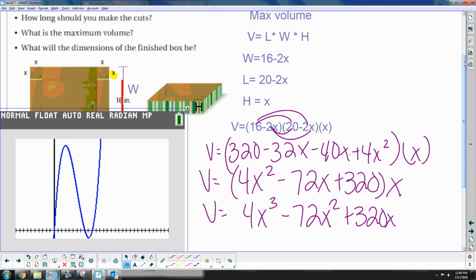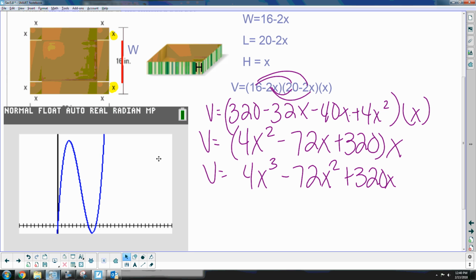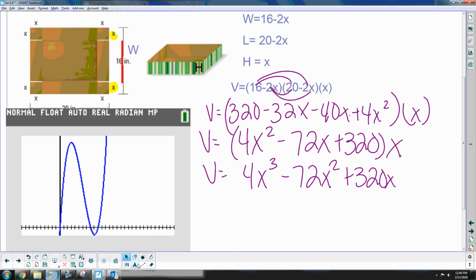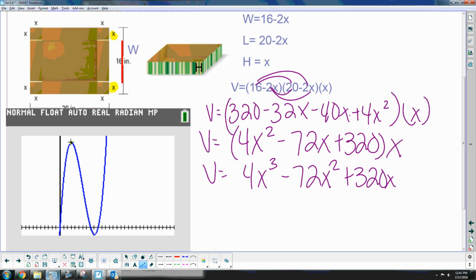All right, so here's what my graph of this function looks like. Now I'm looking to maximize volume, so I want to focus on this point right here. This is my maximum volume. Okay, now it's my local maximum. It's not the maximum of the whole function, again, but it's my local maximum, and that's the point I'm going to focus on. So if I were to just estimate what my x value would be at this local maximum, let's just look.